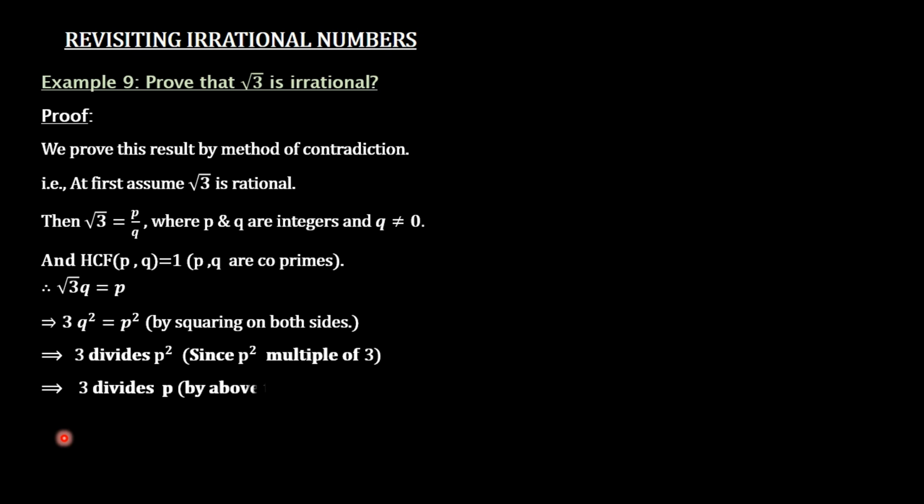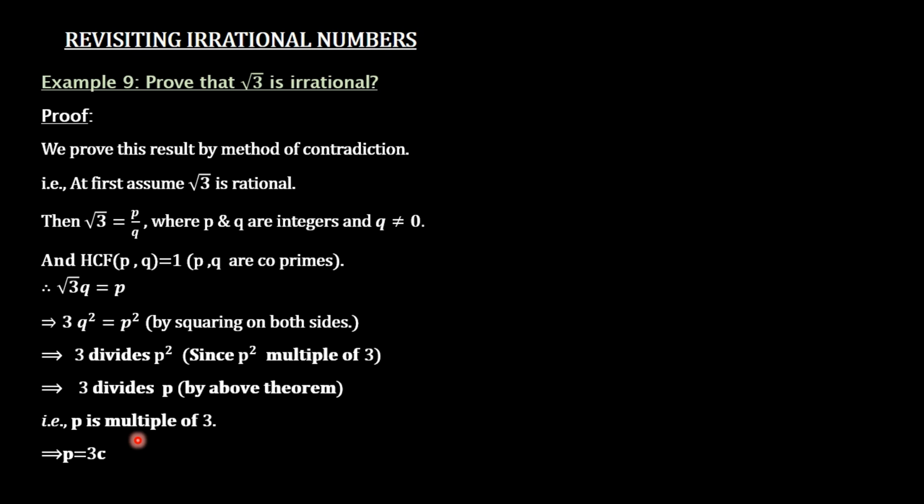By the above theorem, P is a multiple of 3, then P equals 3C. Why? Since 3 divides P, P is a multiple of 3, that is P equals 3 into something. For example, if 12 is a multiple of 3, then 12 equals 3 into 4.